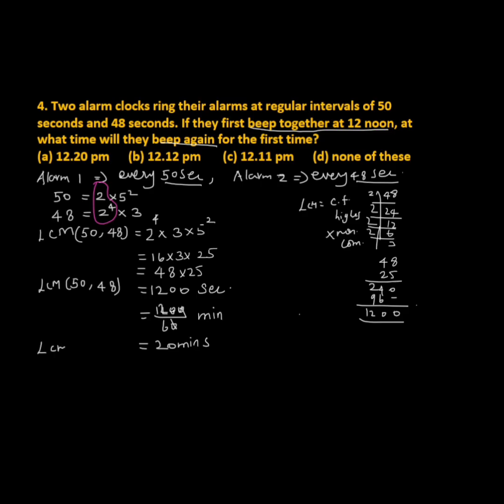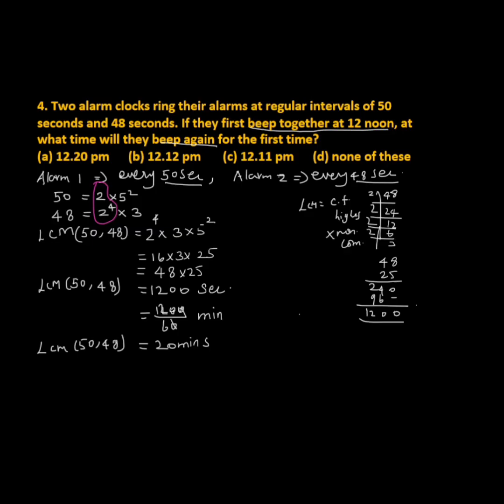So the LCM of 50 and 48 is either 1200 seconds or 20 minutes. We cannot convert this into hours, because only 20 minutes is there.